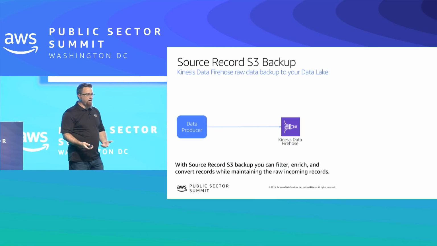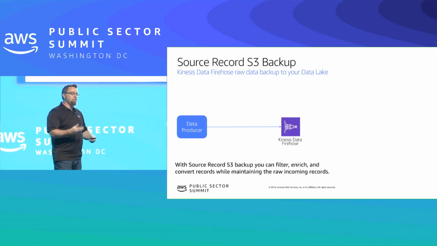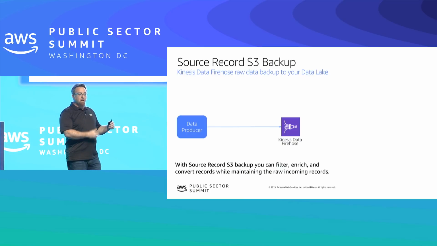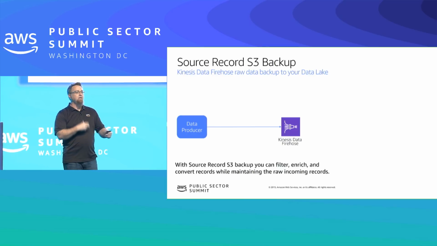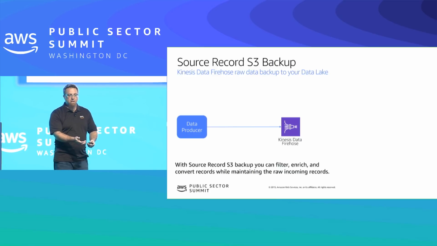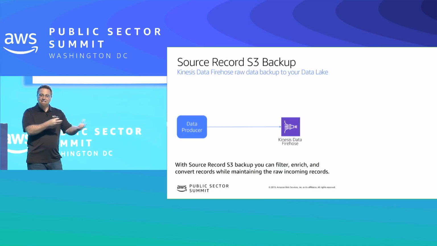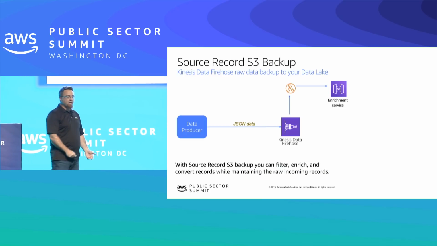And just a minute ago, I said, well, do all these conversions and who cares about the raw data? Well, one of the things they've added is the ability to have a source record backup for that Kinesis Firehose. So if I do a lot of that converting into Parquet, maybe stripping out some columns, doing all of that data manipulation, that ETL inline, I can still store the raw data in another location.